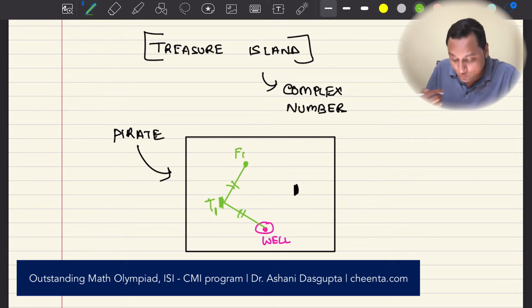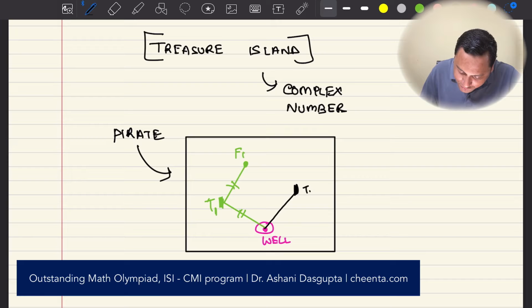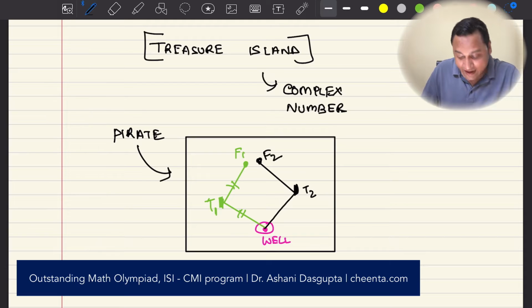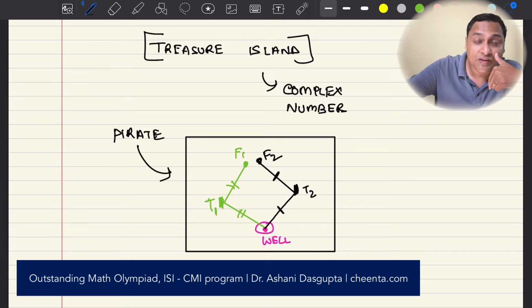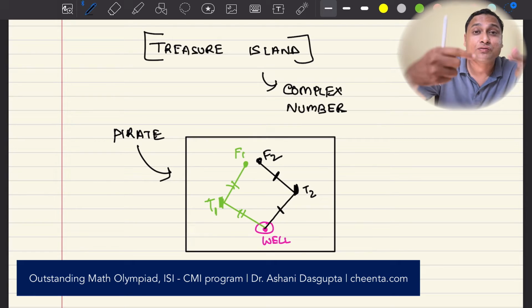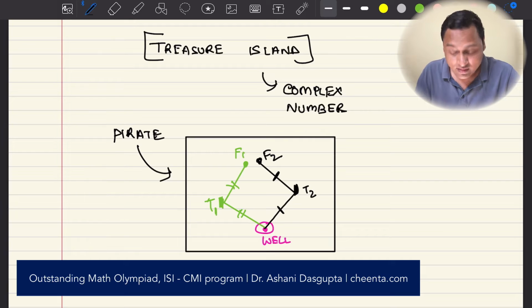Let's call it flag 1. The same thing is true. You come back to the well, you go from the well to tree 2, turn 90 degree and place another flag. Again, you move through the same distance. So well to tree 2 and tree 2 to flag 2, the distances are same.